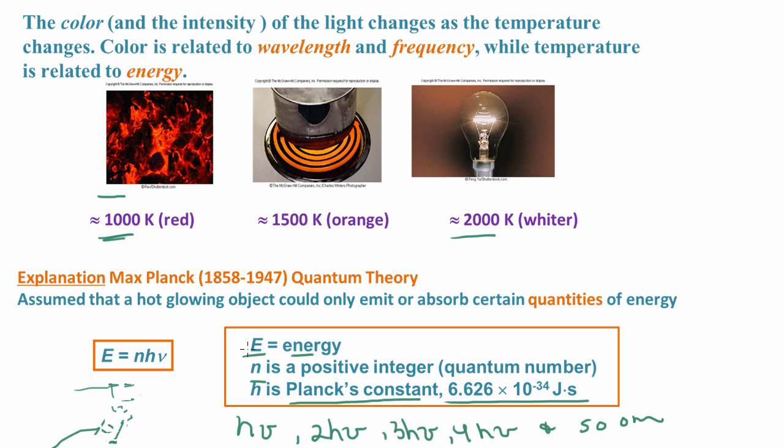In everyday life, we're not used to quantization. Think about a car. Let's say your car can only travel at 10 miles per hour, 20 miles per hour, 30 miles per hour, but nothing in between. It couldn't travel at 12, 23, or 35 miles per hour, or any other intermediate speed.